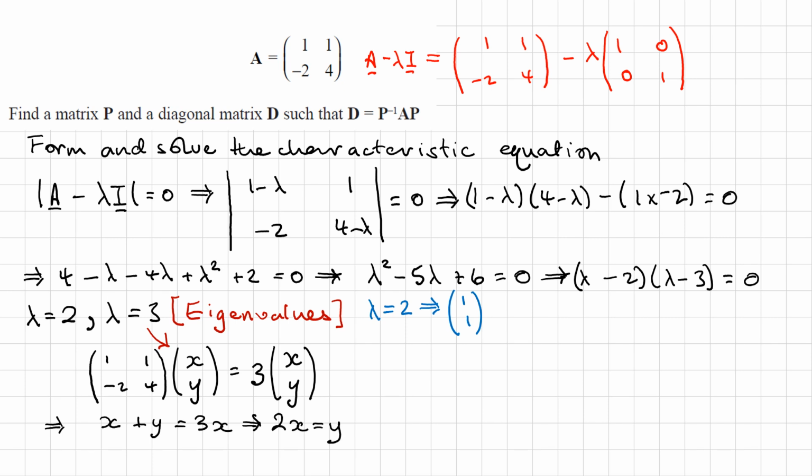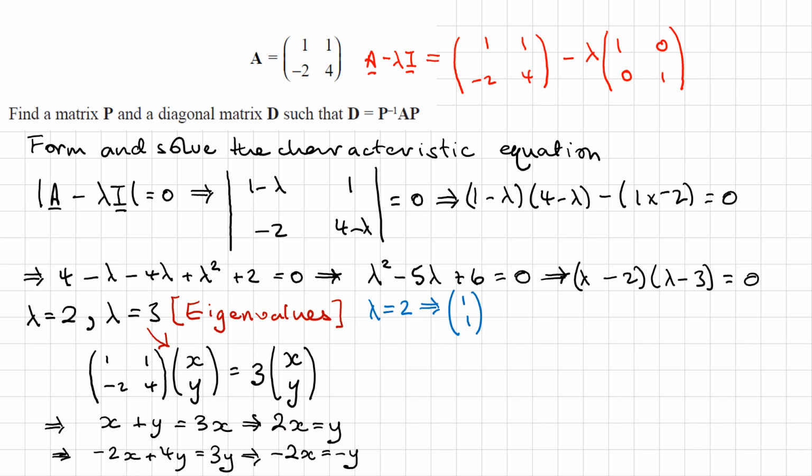And then from the bottom row, I'll get negative 2x plus 4y is equal to 3y. So from this, I will get negative 2x again is equal to negative y. So same equation.